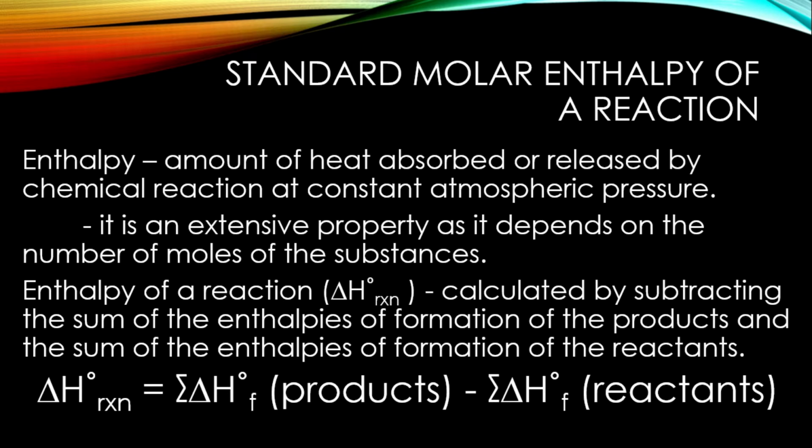Sa entropy, S itong mga ito. For enthalpy, H. When we speak of enthalpy, ito yung amount ng heat na inaabsorb or nire-release sa isang chemical reaction. When we speak of entropy, it is the measure of disorderliness.